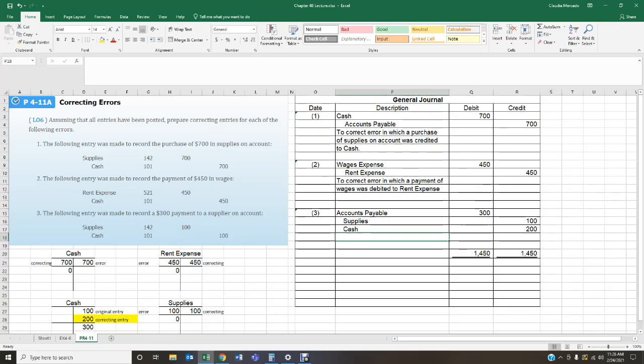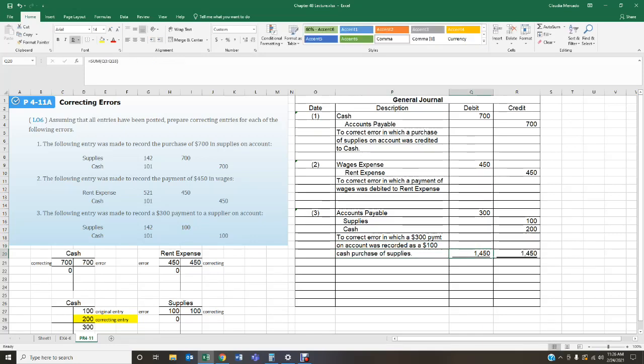Now, for this one, we're going to put here: to correct error in which a $300 payment on account was recorded as a $100 cash purchase of supplies.